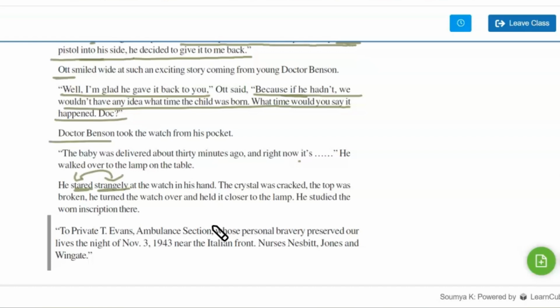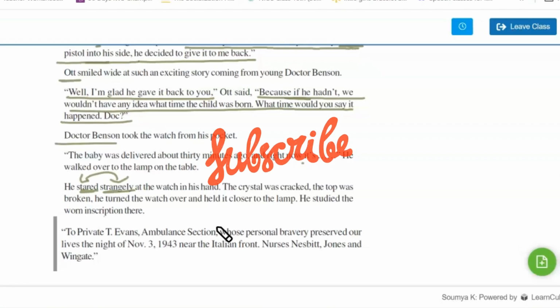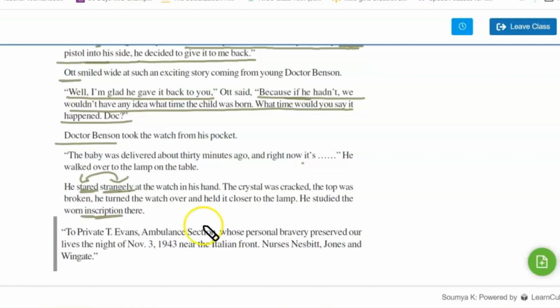He studied the inscription there. So he learns that the crystal, or the watch covering, is broken, and he just tries to find out what happened to this watch. What he does is he sees an inscription on the watch. Something is there on the watch.